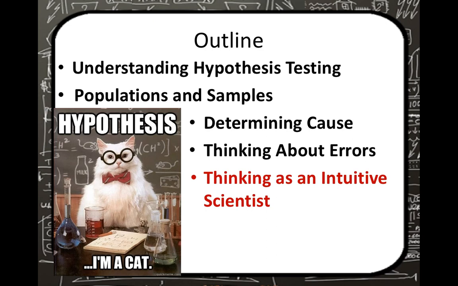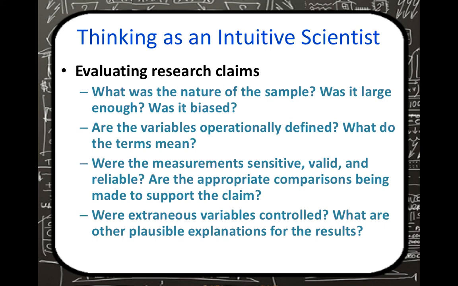Now, finally, right, how do we think as an intuitive scientist? There are some ways of working to make sure that your everyday thinking is sound. One theme throughout this entire chapter is that everyday thinking has a lot in common with the research methods used by scientists when they're investigating phenomena in their academic domains, right?